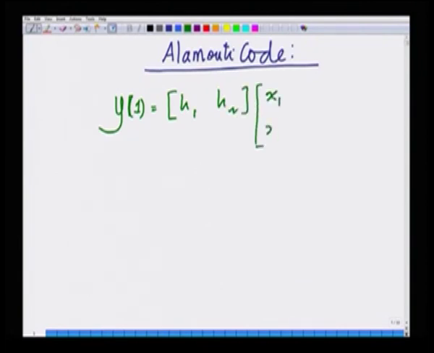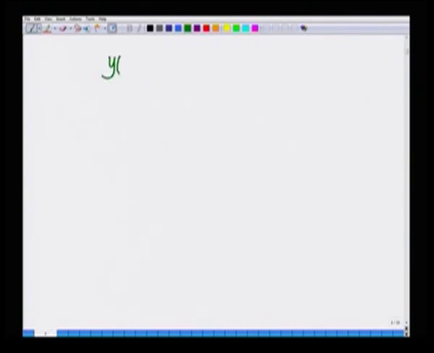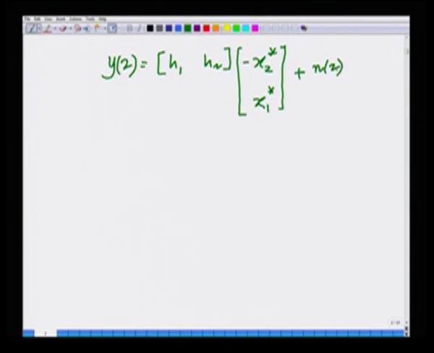In the first instant, I transmit x1, x2 plus noise. In the second instant, I flip the symbols, take the complex conjugate, and take the negative of one of the symbols. So, with h1 h2, I transmit minus x2 conjugate from the first antenna and x1 conjugate from the second antenna, and this is the second time instant.